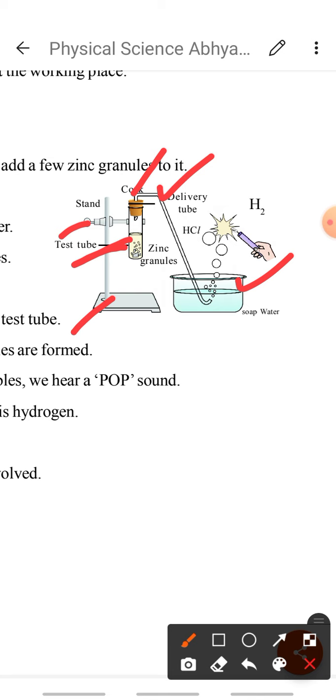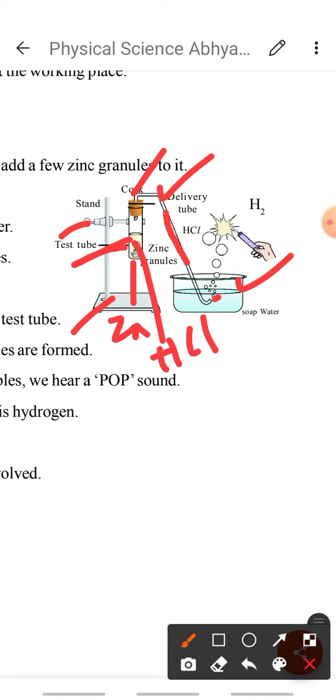So what materials are we taking? Zinc granules and dilute HCl. This is the zinc. Both react together, and hydrogen gas is evolved and passes through the delivery tube into the soap water.